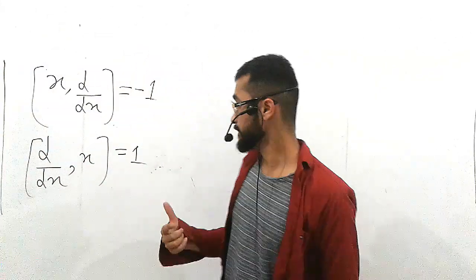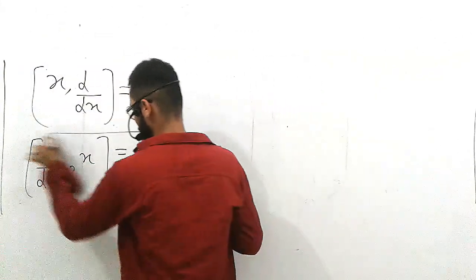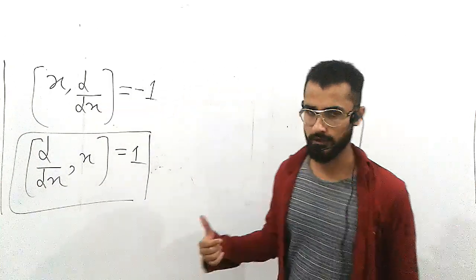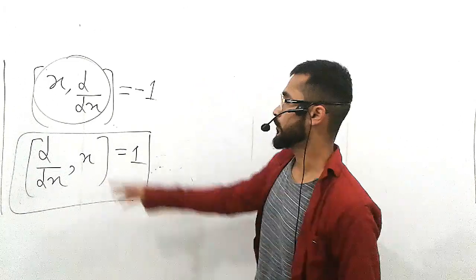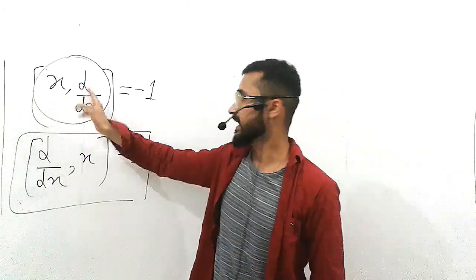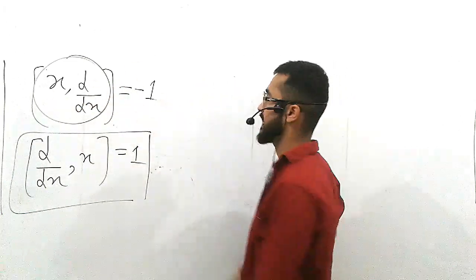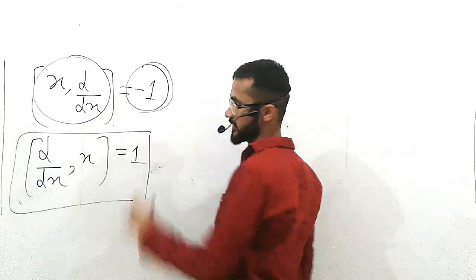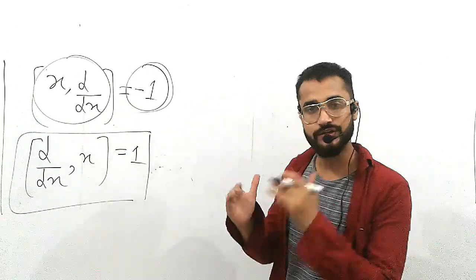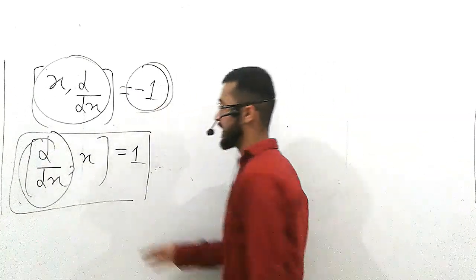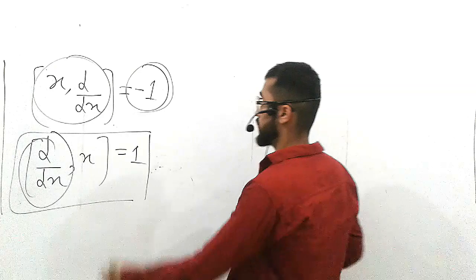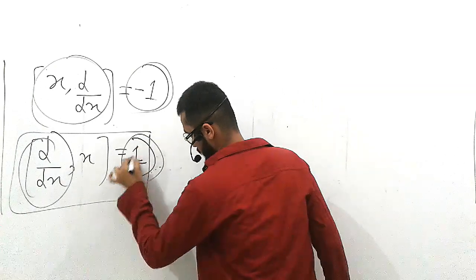Now I have written the new example, but look, in the first example we took x at first position and d by dx at second position, and the result will be minus 1. Now just remember it: when we take d by dx first and x at the second, the result will be 1.